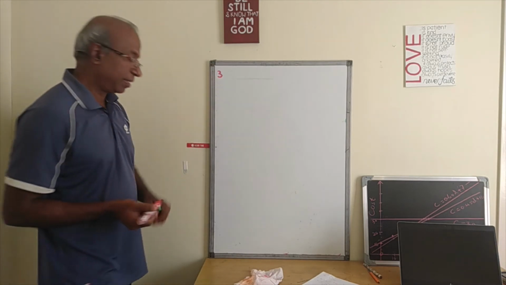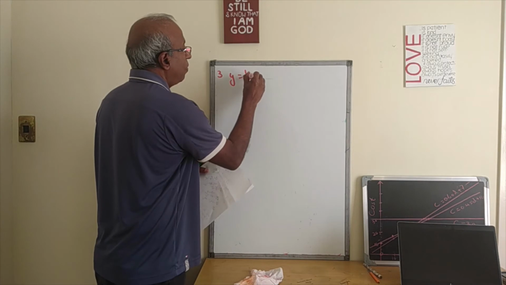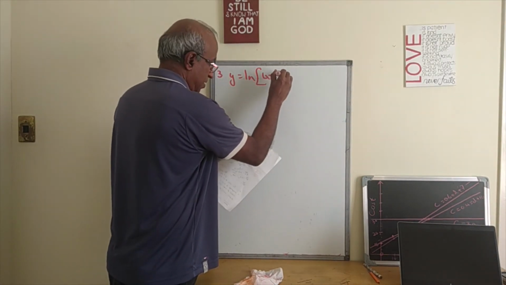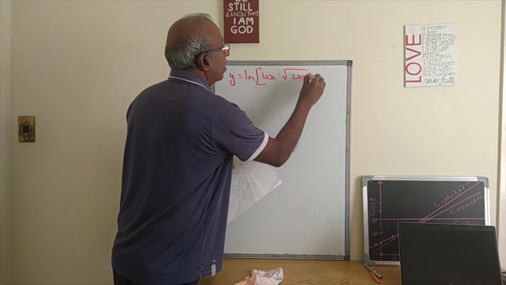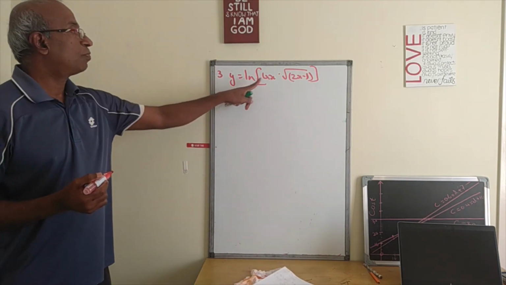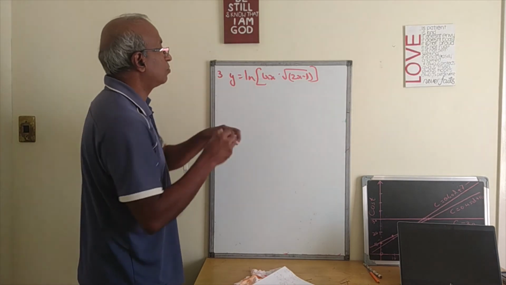Okay, question number 3. y equals ln of 4x times the square root of (2x minus 1), close the bracket. Okay, now we are going to use property number 1. We are going to change the times to plus.